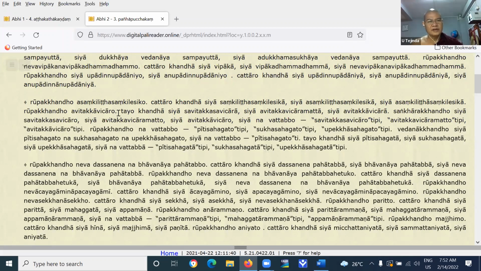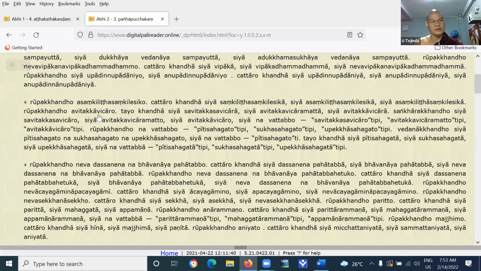Then the Vitakka Tika: we call Rupa Khanda avitakka avicaro. You know, the Pali words are combined, so not separate. But in Myanmar we say avitakka avicaro, we separate.